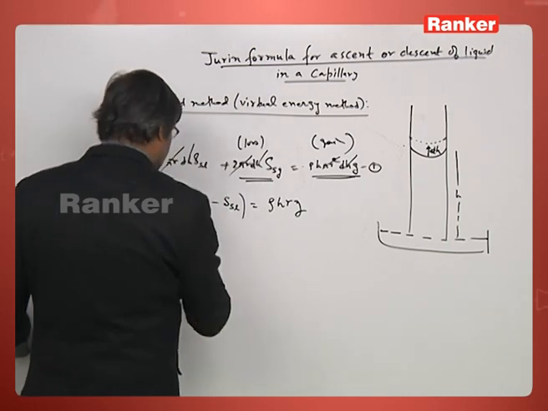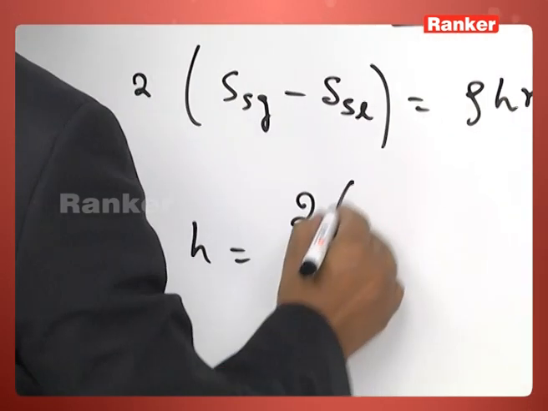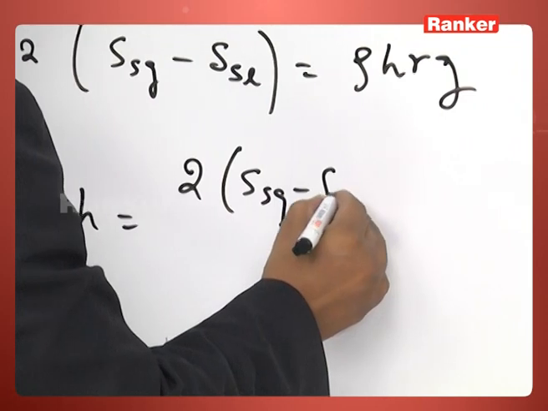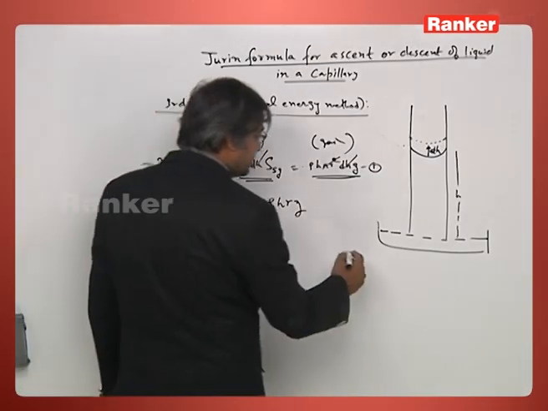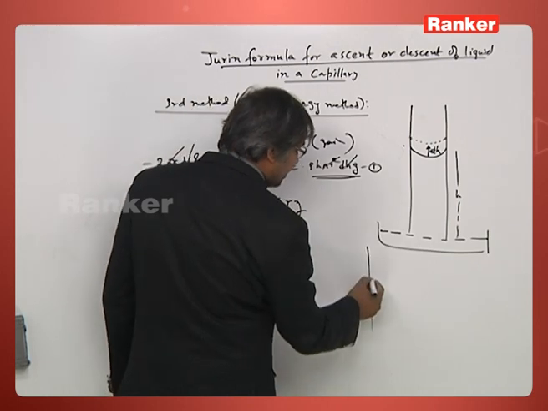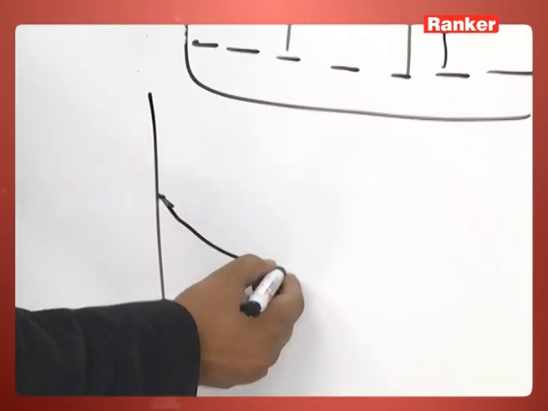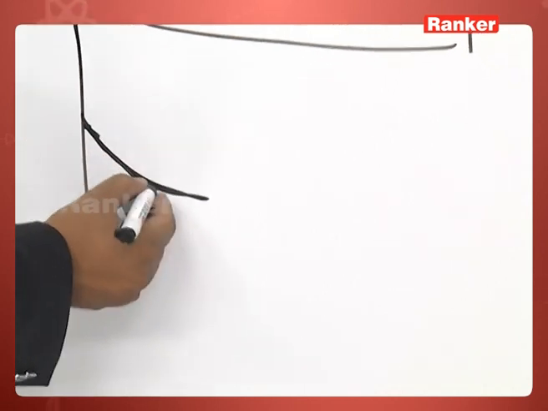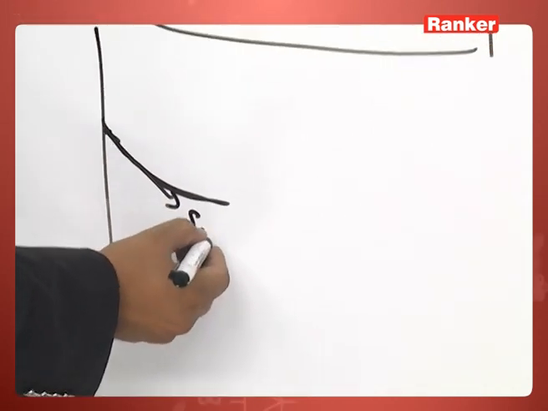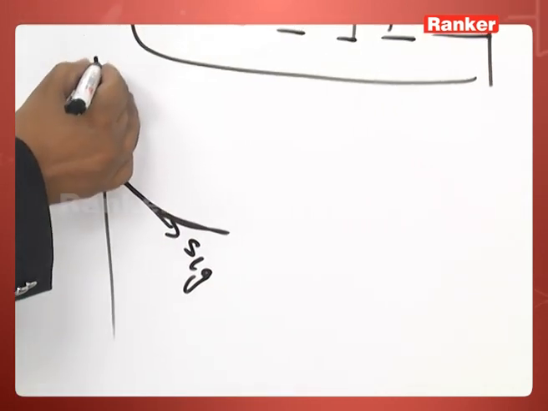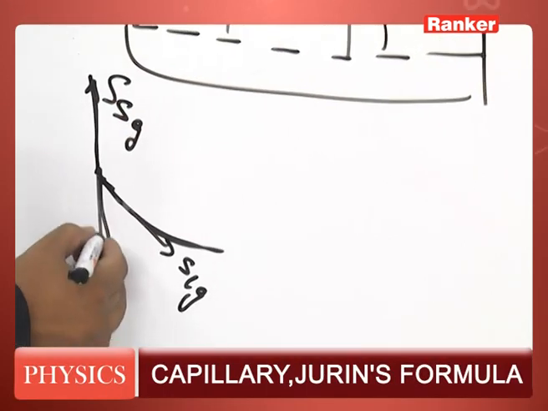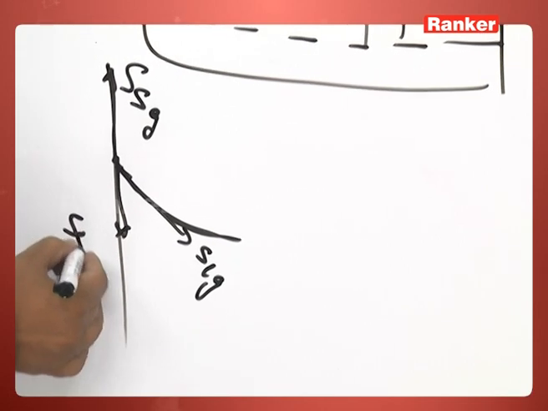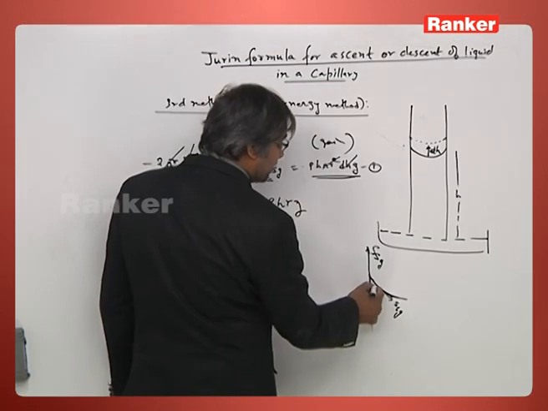So, now you see h is 2 times the solid-gas minus solid-liquid difference by rho r g. Now, let us recall our contact angle definition, where solid, liquid and gas are in contact, this is solid with gas in contact, and this is solid and liquid in contact, this is theta.